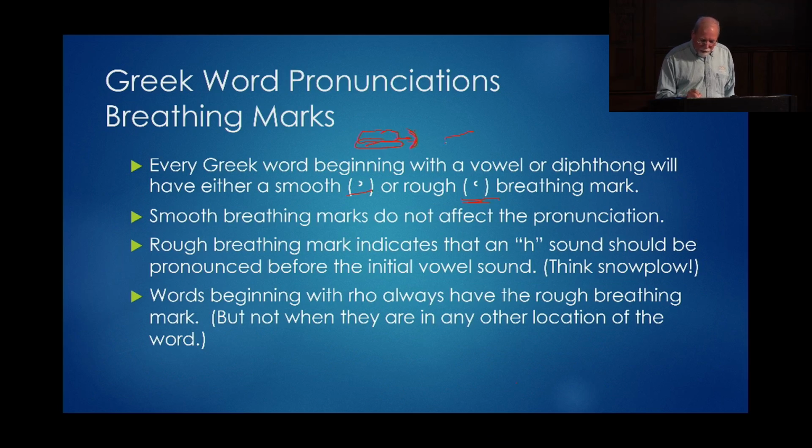If you have a snowplow and it is like that, it's going to make a real scraping sound as it goes down the road. And that scraping sound, that's rough. That's how you can remember that curve is rough breathing, and when you see that curve, you need to give it an H sound over that vowel or diphthong. So, rough has the H sound. Smooth does not affect pronunciation at all.